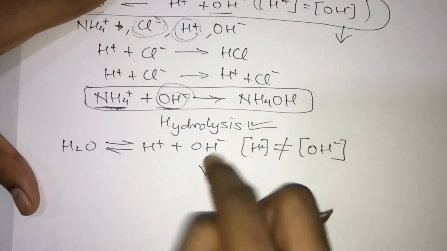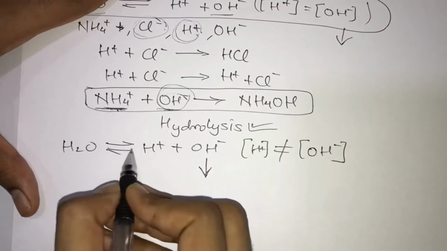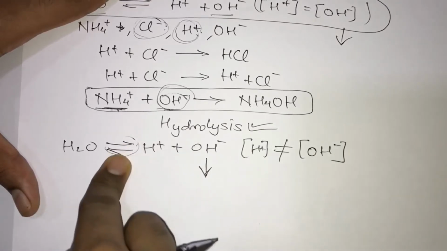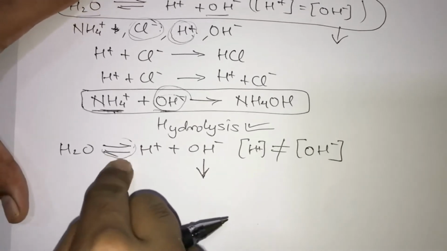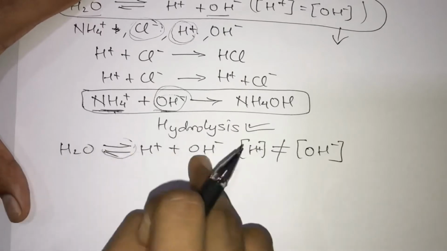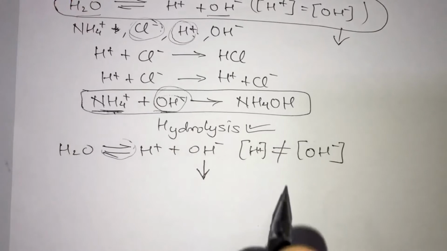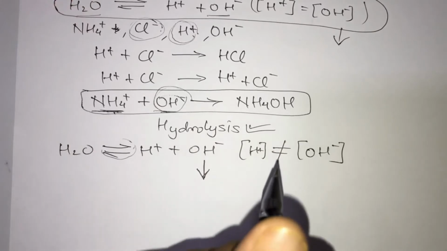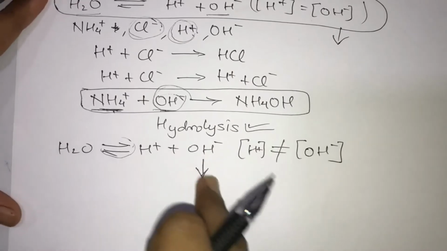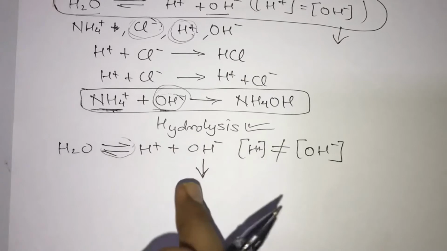Now what happens is that as the amount of OH- has decreased, can I say that the equilibrium condition has also been disturbed. Since the equilibrium is disturbed, this reaction will try to gain a new equilibrium. Let me explain. According to Le Chatelier's principle, why is equilibrium disturbed?